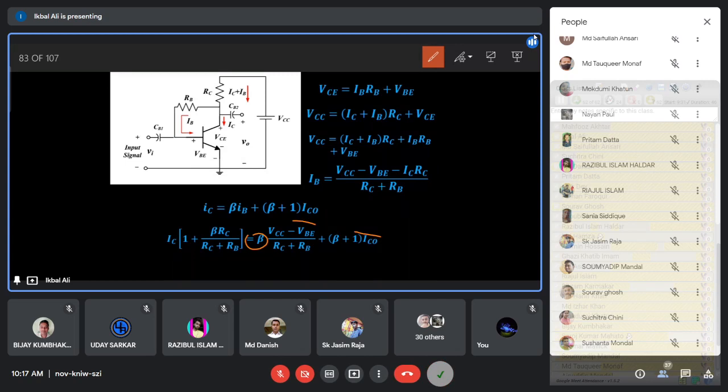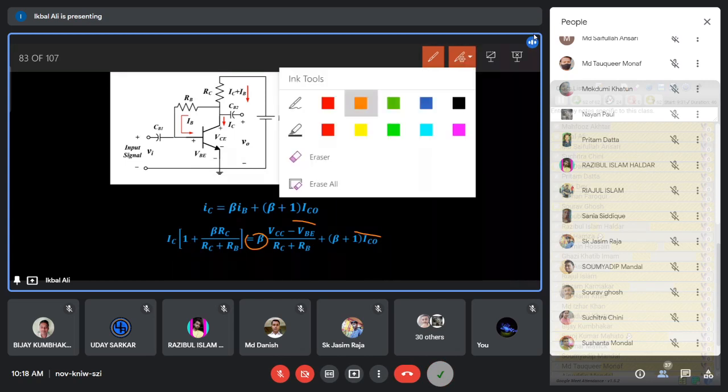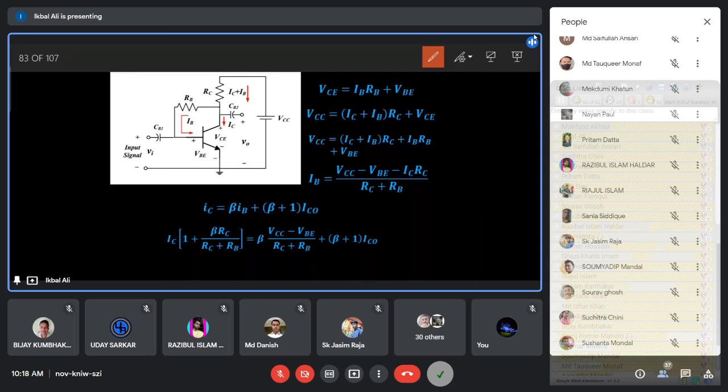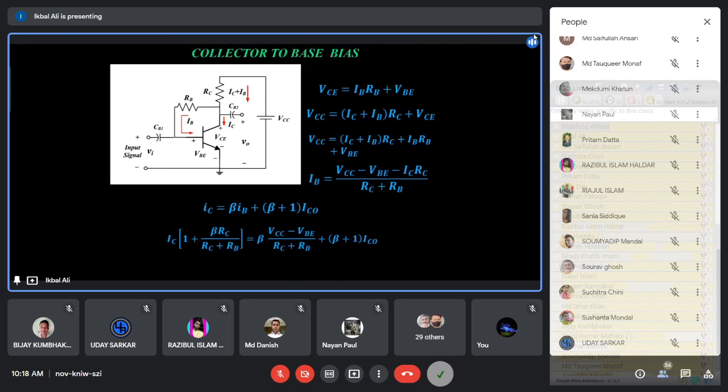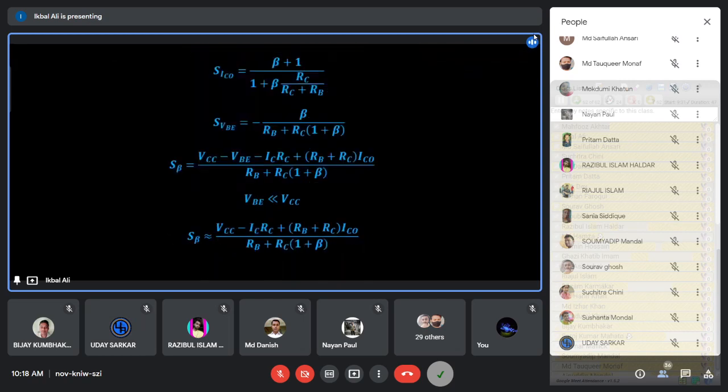By differentiating like this, we can calculate the three stability factors. I am not going into the detail of this derivation process, but I am showing you the final results of the differentiation, and the results are like this. You can do it, but ultimately you will get these expressions.